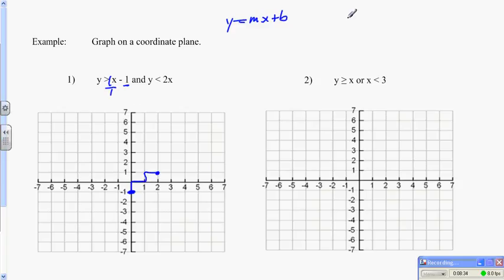We have to decide here with graphing on a coordinate system, if it's greater than or less than, it's dotted. If it's greater than or equal to or less than or equal to, it's solid. We have this greater than, so it's going to be dotted.